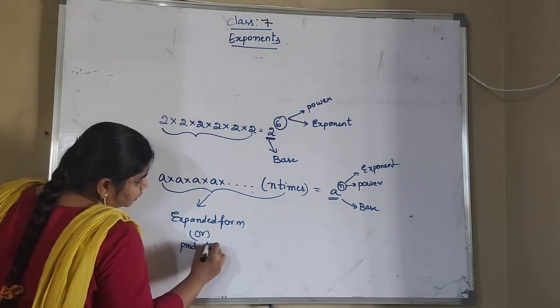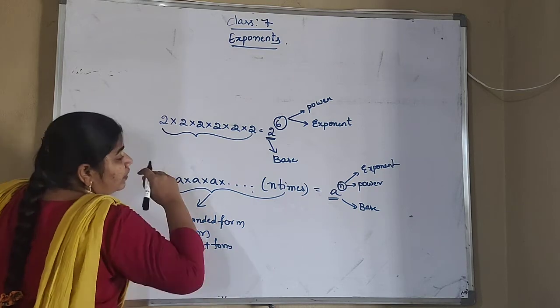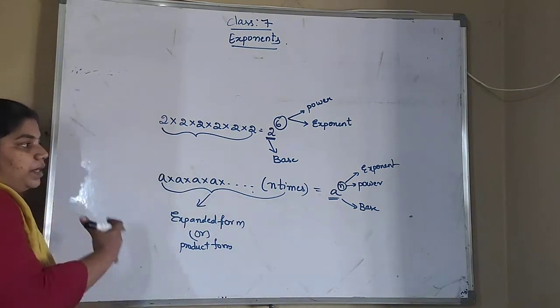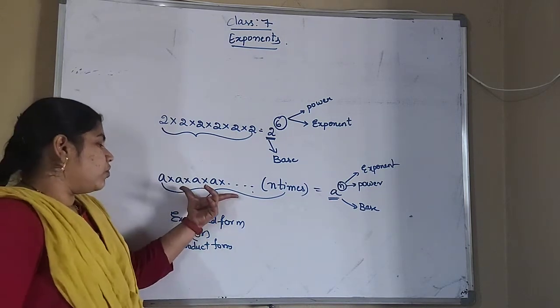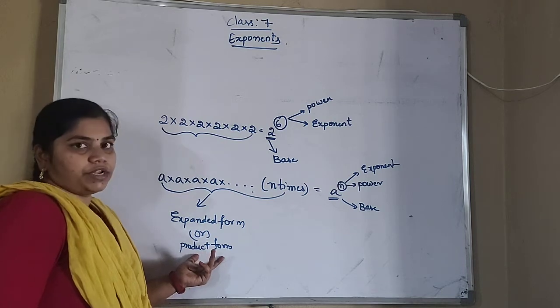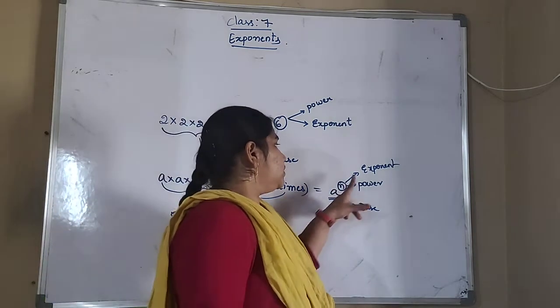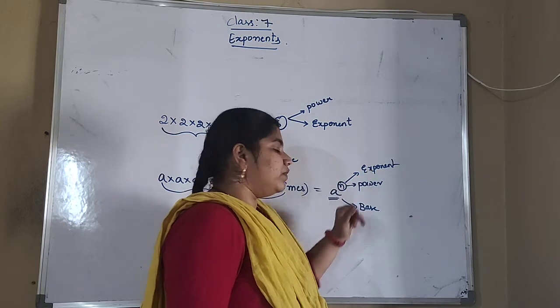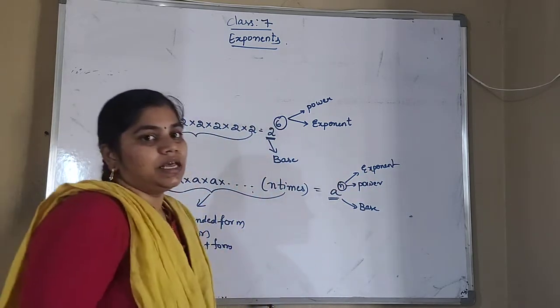Why are we calling it the product form? Because we are multiplying numbers so many times. So this form we call the expanded form or product form, and in this N is called the exponent or power, and A is called the base.